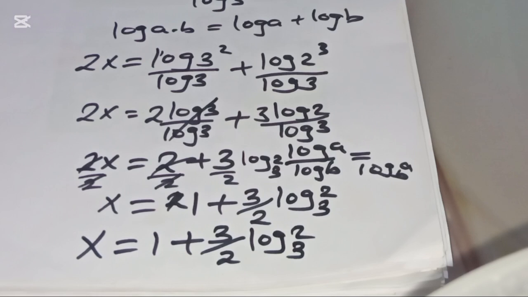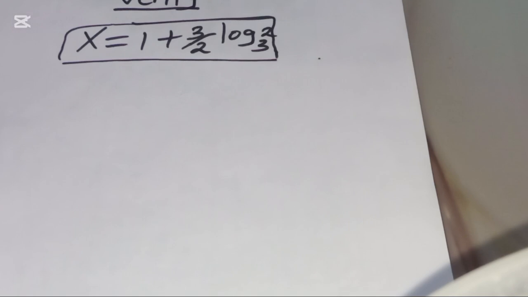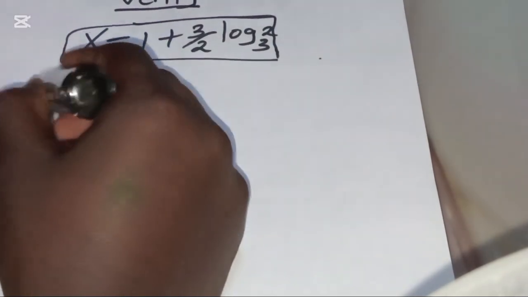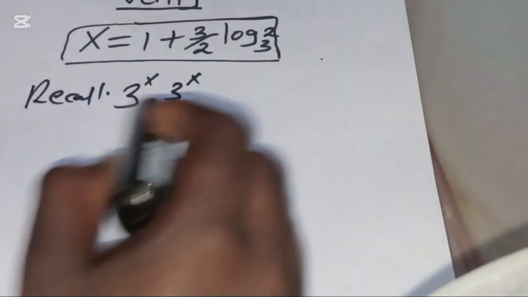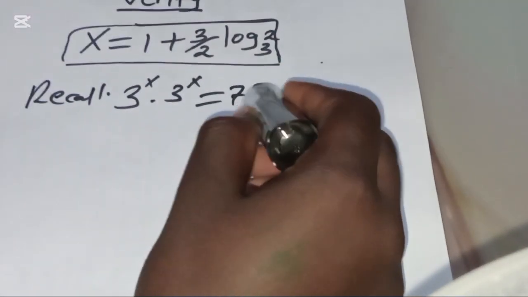Let's verify that the value of x, which is 1 plus 3 over 2 log 2 to base 3, actually satisfies the equation. Now if you recall, we had that 3 to the power x multiplied by 3 to the power x is supposed to give us a value of 72.